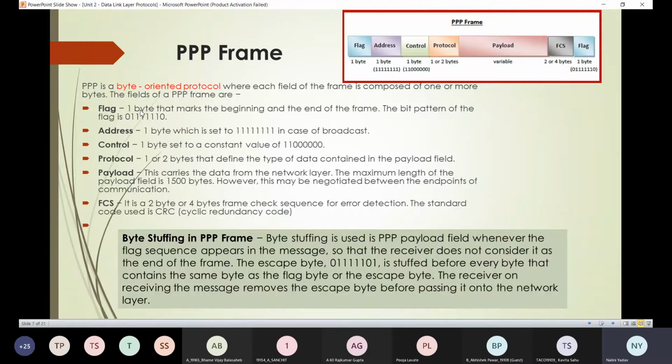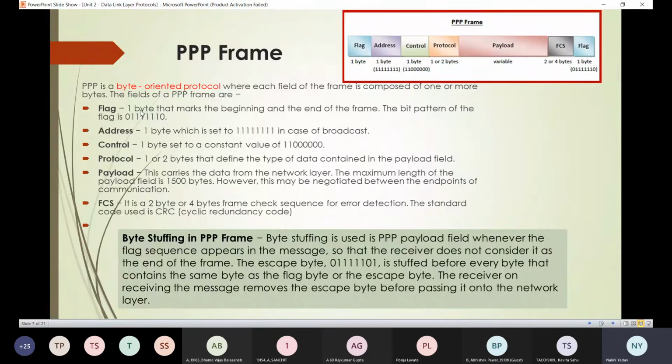This is also a 1 byte field and it is set to all ones in the case of broadcasting the frame. Whenever we are broadcasting the frame, we set all these bits to 1. Then we have the control field. That is again 1 byte, and it has a constant value. This value is never changed, and that value is 11000000.